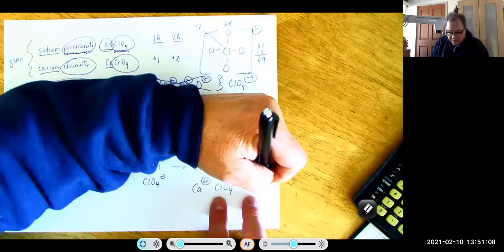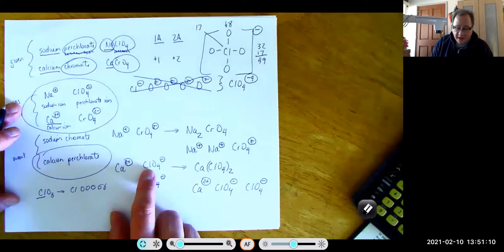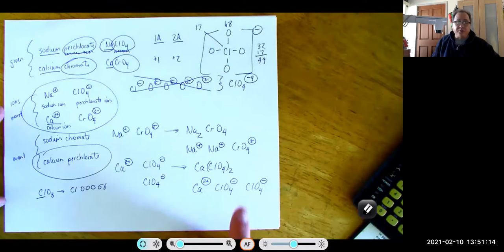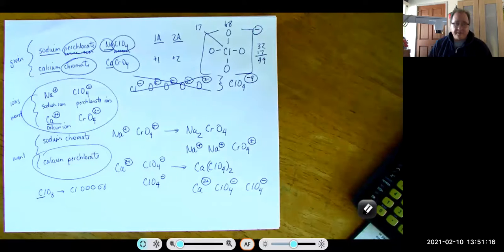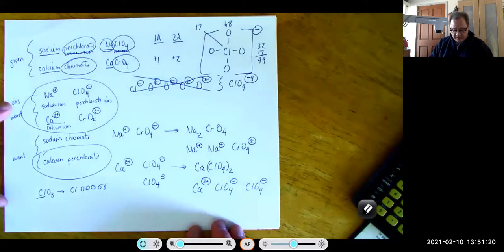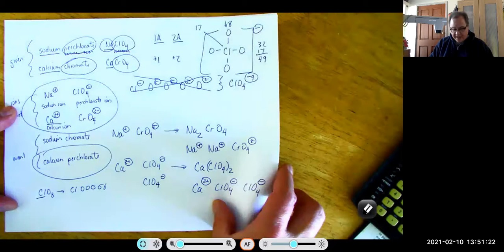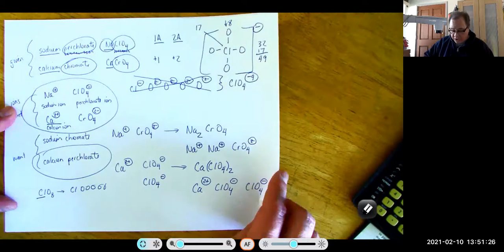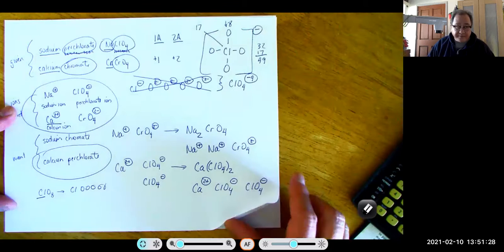So that's how we deal with these things called polyatomic ions. If there's more than one of them, use parentheses and a subscript. So you have a bit of trouble with that. So I'm going to give you another problem where you have to come up with the correct formula using the subscript, okay? Okay.